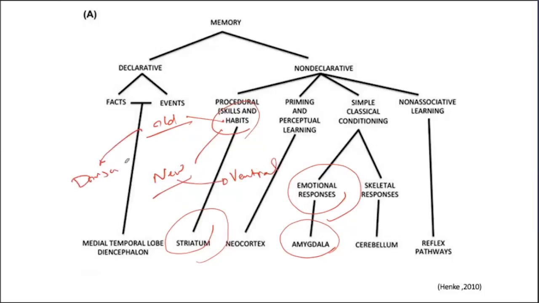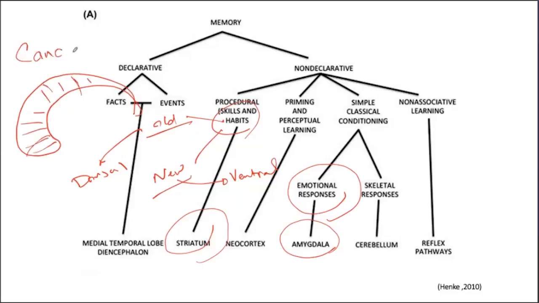Even the caudate nucleus has a head, a body, and then a tail. It is a part of the striatum, okay?